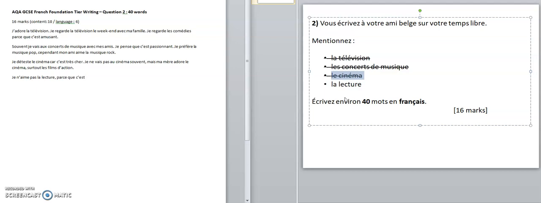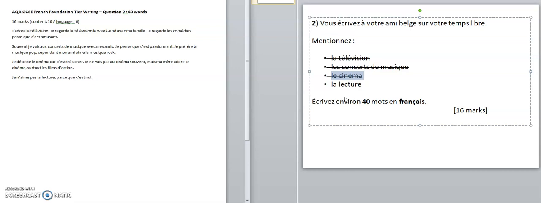I'm not 100% sure that everything can be boring, so I'm going to say it's rubbish. Parce que c'est nul, because that's even more fundamental, basic, and not saying too much detail at all. Because it's rubbish, I think that could apply to pretty much everything, and that's well worth it.